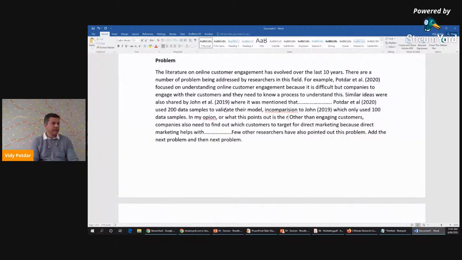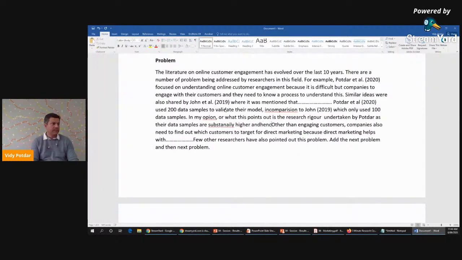is the research rigor undertaken by them, as their data samples are substantially higher, and hence their findings can be more robust.